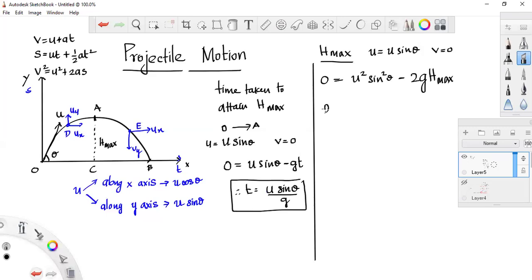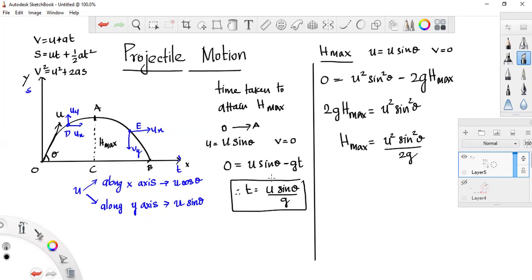Very simple. Bringing it to the other side of the equation, 2g H max is equal to u square sin square theta. So H max is equal to u square sin square theta by 2g. This is the other derivation, for finding H max.